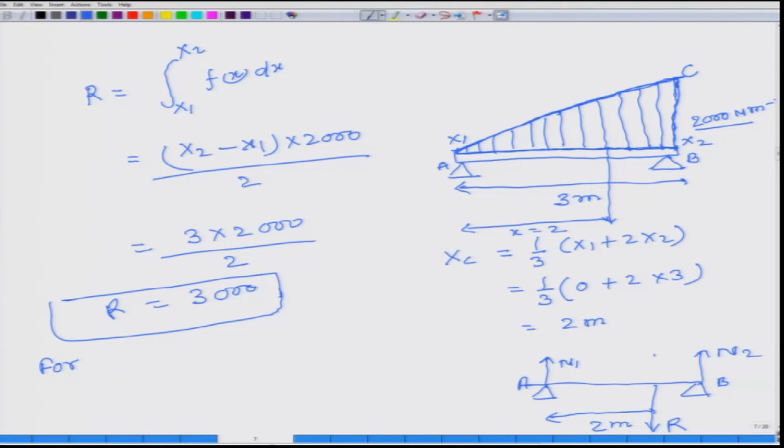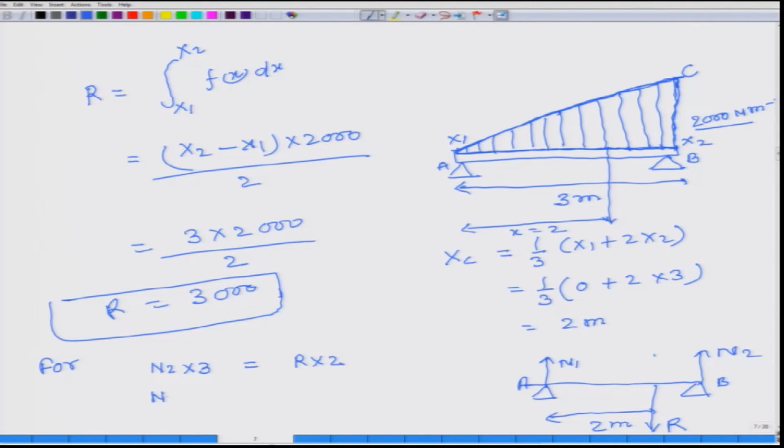So, at point A the torque due to N2 would be equal to N2 times 3, right, and torque due to the load would be equal to R times 2.